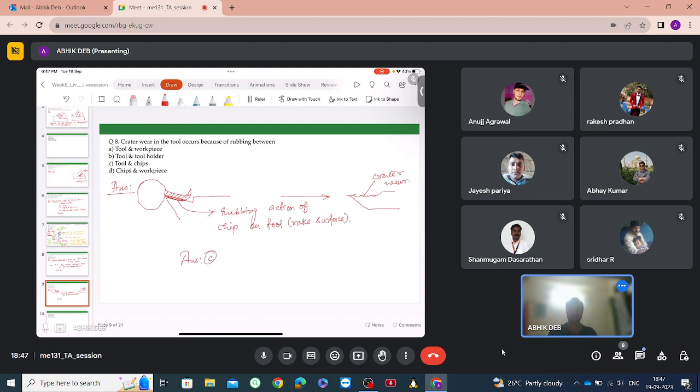Is it clear? There is another kind of wear. Supposedly from the top view, this is the end cutting edge and this is the side cutting edge, and this side is in contact with the workpiece.